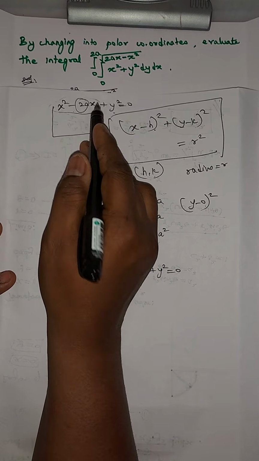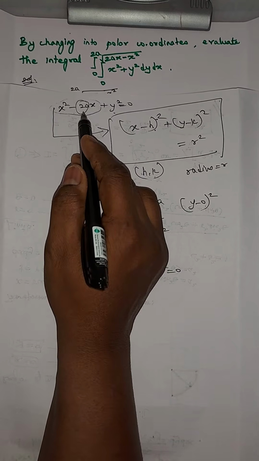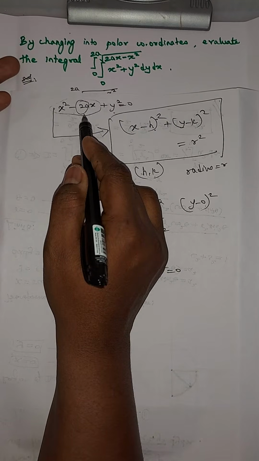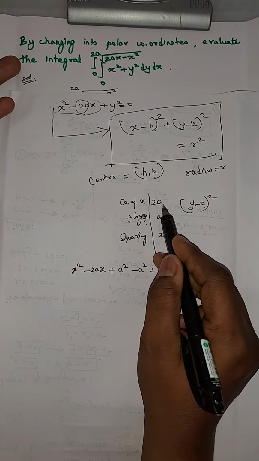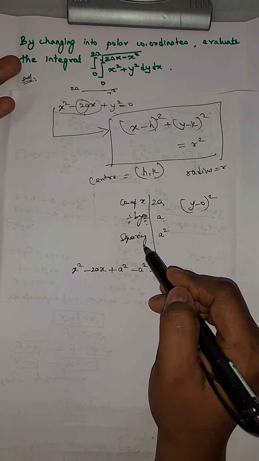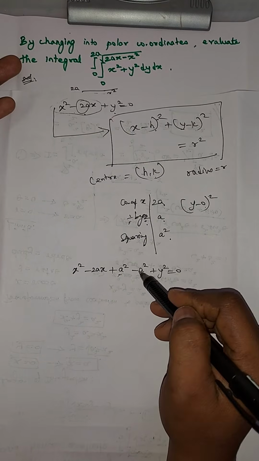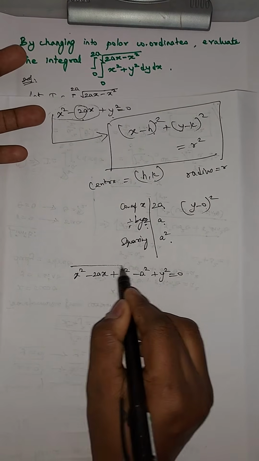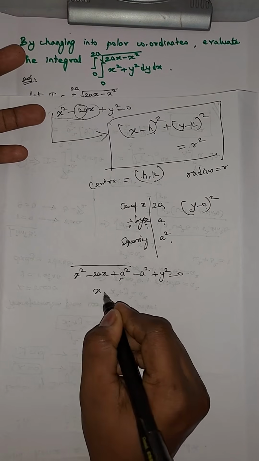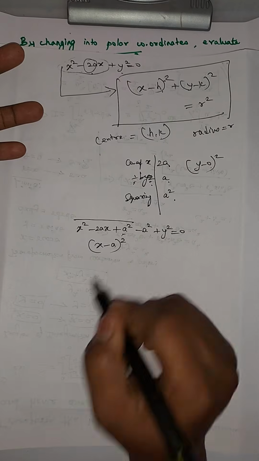So to convert this into the form x minus h the whole square, we consider the coefficient of x, which is 2a, divide that by 2 to get a, square it to get a square, add it and subtract it. So this term alone becomes x minus a the whole square.